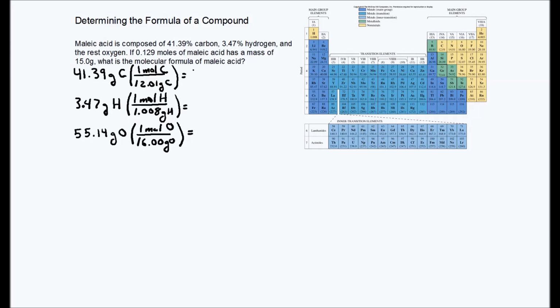So 41.39 divided by 12.01 gives me 3.446 moles of carbon. 3.47 divided by 1.008 gives me 3.442 moles of hydrogen.